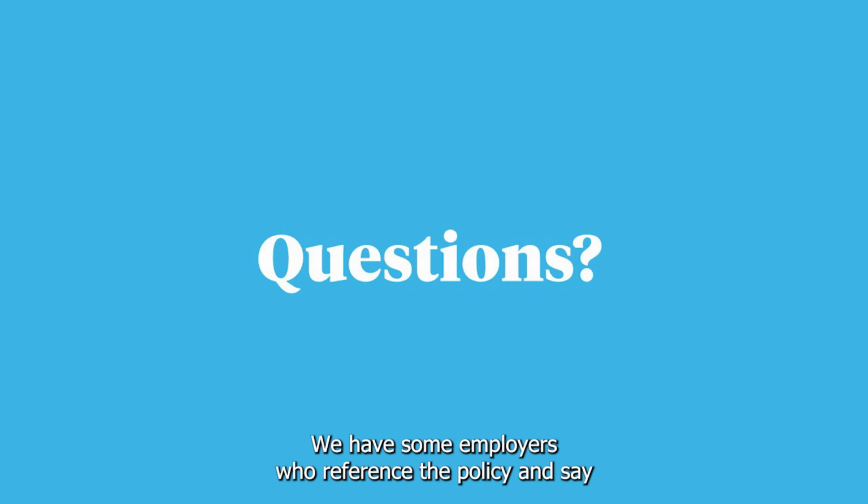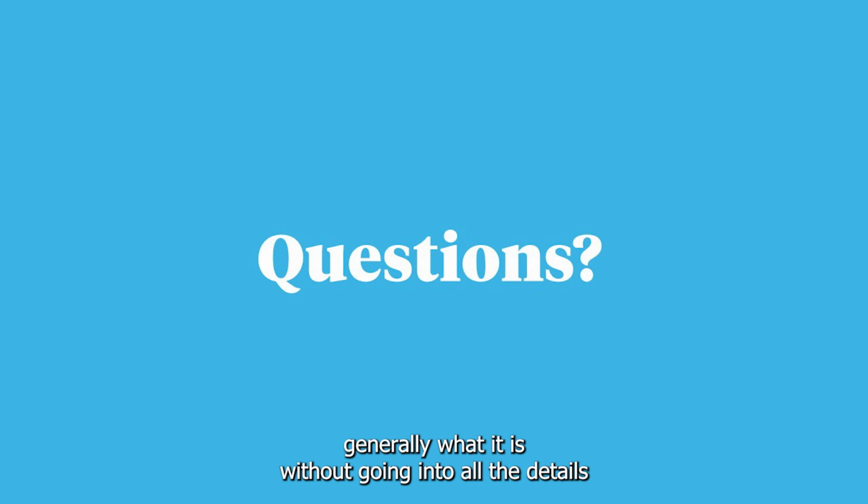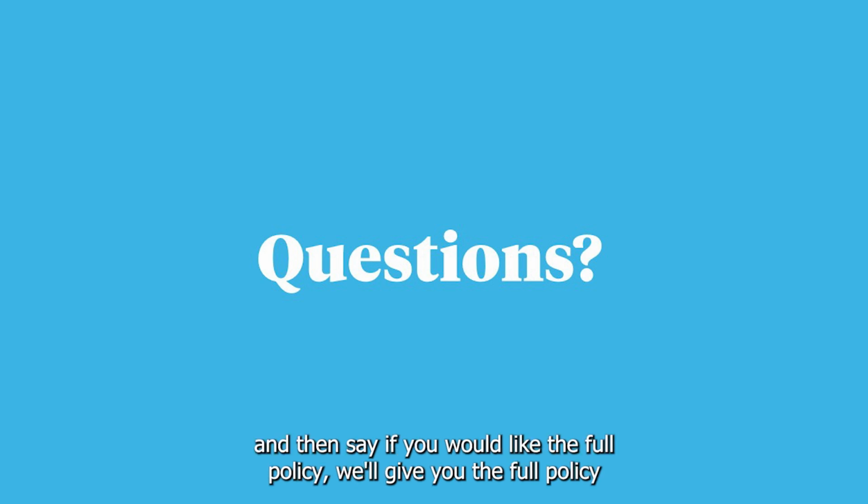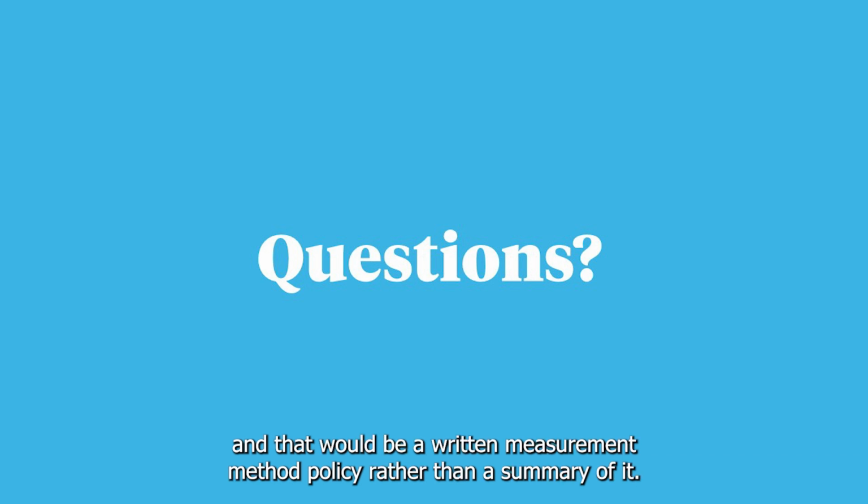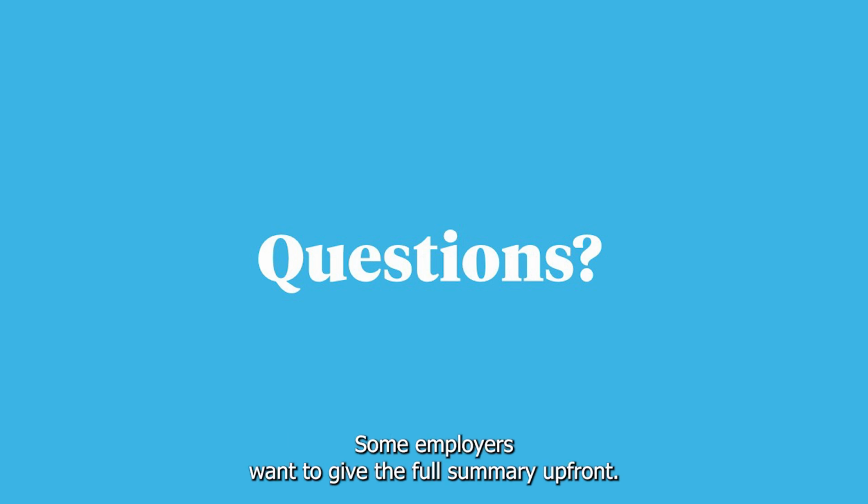We have some employers who reference the policy and say generally what it is without going into all the details, and then say if you would like the full policy, we'll give you the full policy. That would be your written measurement method policy rather than a summary of it. Some employers want to give the full summary up front. I think that's great.